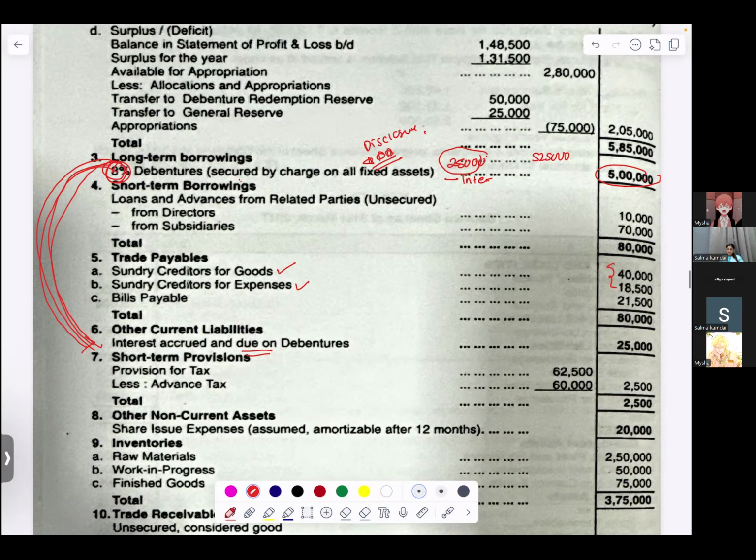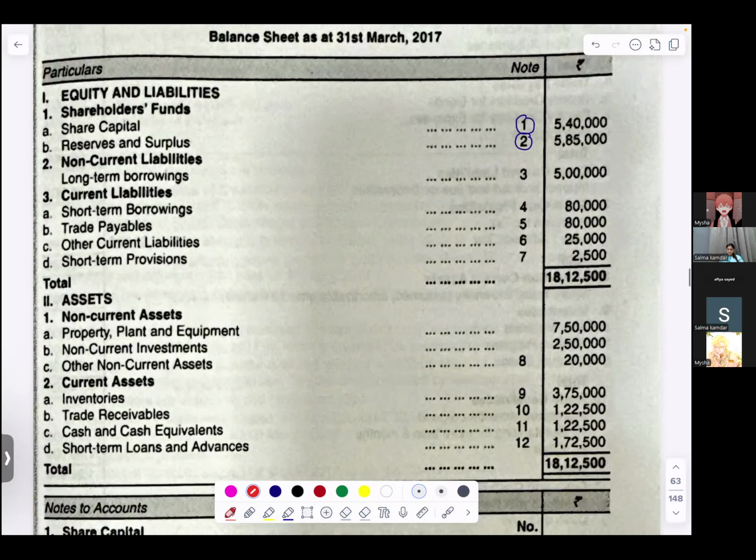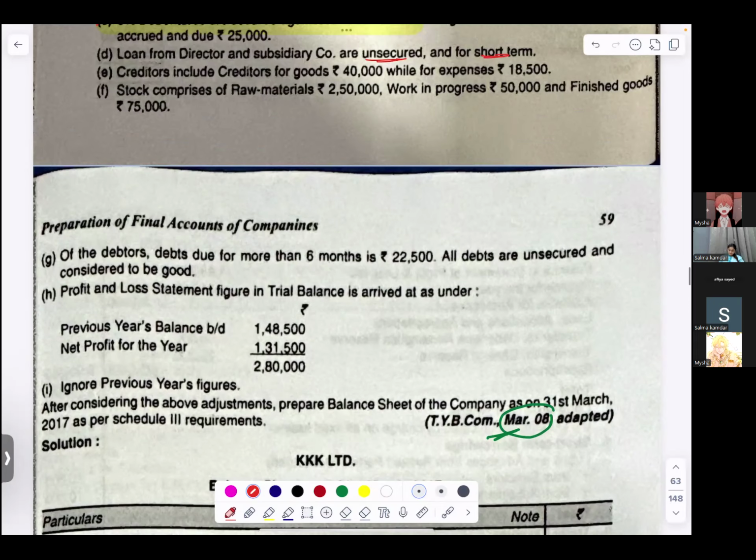If they are telling you something, that means just show the bifurcation. Show the breakup. What's so hard in it?